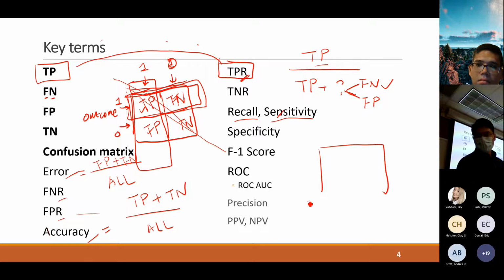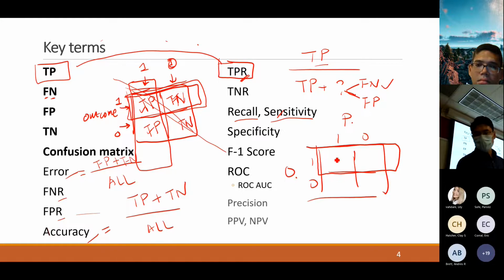Again, the confusion matrix, this is prediction, this is outcome. So recall would be to look at the first row. Recall or sensitivity is the percent of true positive among all the positive outcomes, which are true positive and false negative.